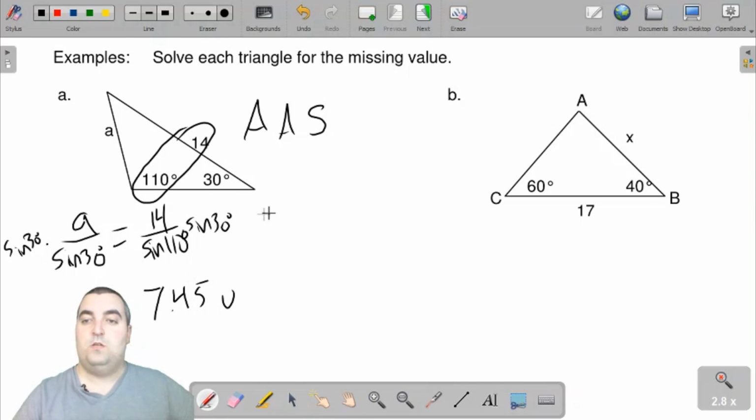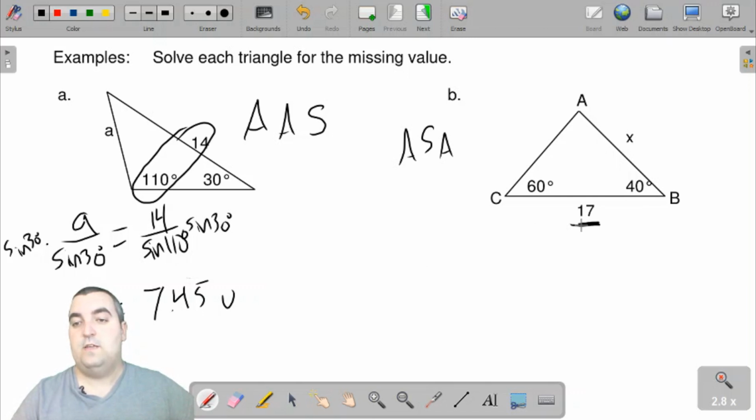All right. So now, another time we can use this is here where we have angle, side, angle. So here's the angle, here's the side in between, here's the other angle. Now, I had said we need a pair of corresponding sides and angles. And right now, we're only given this one side.